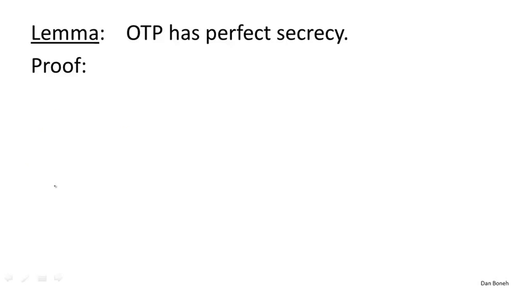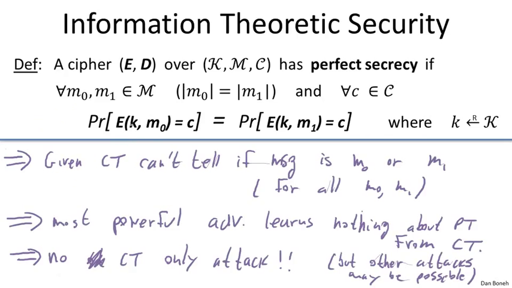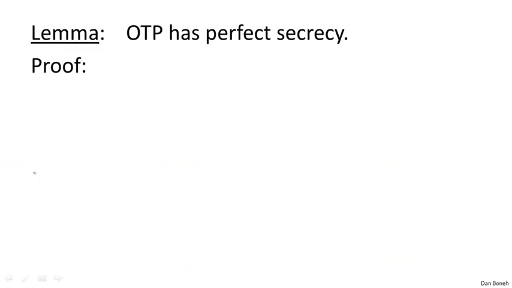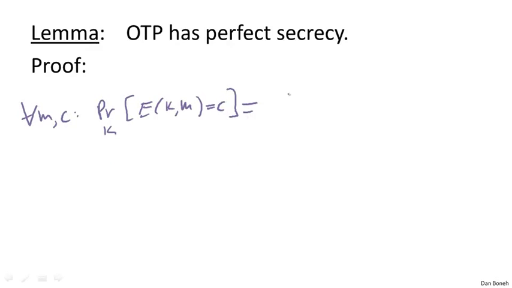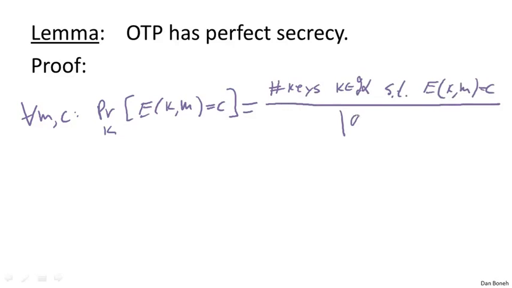We need to interpret what this probability that E_K of M0 is equal to C means. It's actually not that hard to see that for every message and every ciphertext, the probability that the encryption of M under a key K is equal to C, where the key is chosen at random, is basically the number of keys K in the key space such that if I encrypt M with K, I get C. So I literally count the number of such keys, and I divide by the total number of keys.